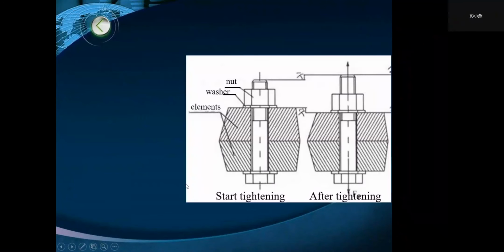The preload is the force that clamps two or more members together after tightening. The bolt is preloaded in tension, while the clamped elements are in compression.